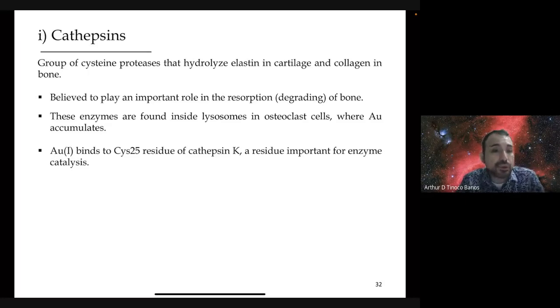It's found that the gold binds to the cysteine 25 residue of cathepsin K, a residue important for enzyme catalysis. So at least this interaction, to an extent, can lead towards an understanding of how gold might serve a therapeutic role for this application, because inhibiting these enzymes that can result in degradation of bone can serve as a form of treatment.